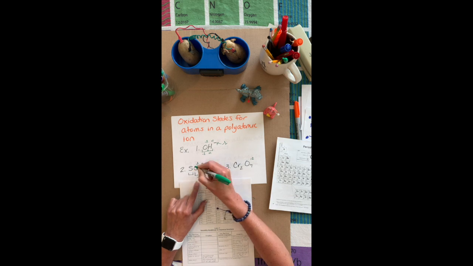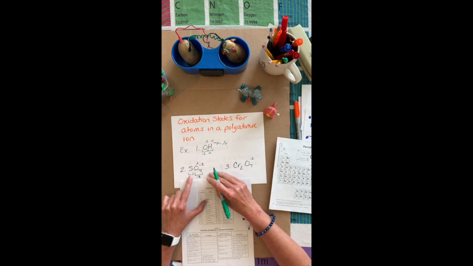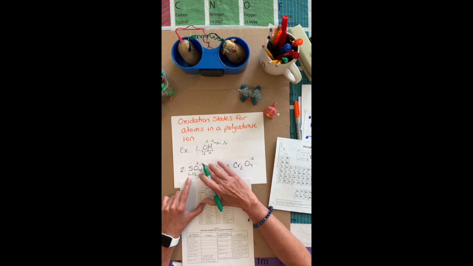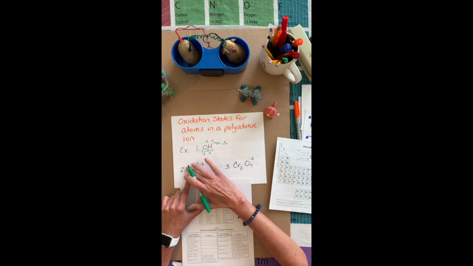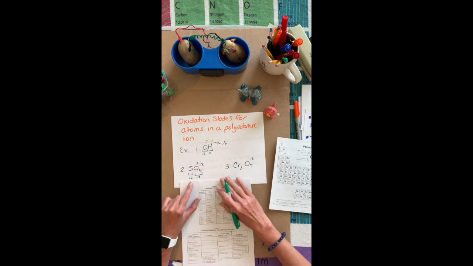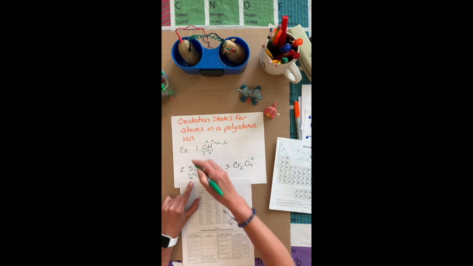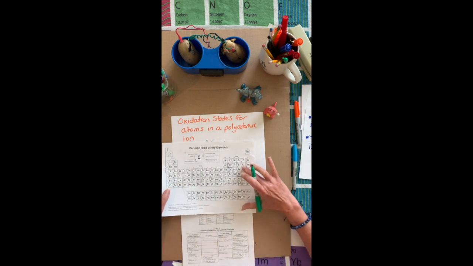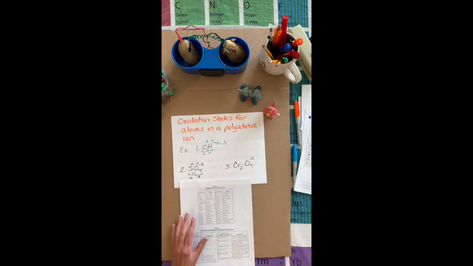I want my sulfur to have a positive charge, but I want an overall -2 charge for this cluster. Therefore, this must be +6. And I write it up here. And I can check, and you'll see that that is one of the options for sulfur. So that is correct.